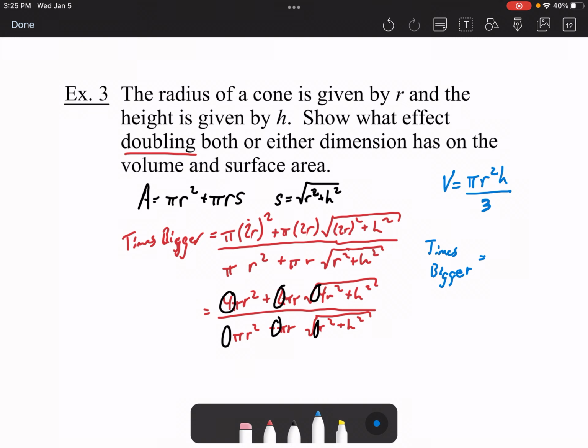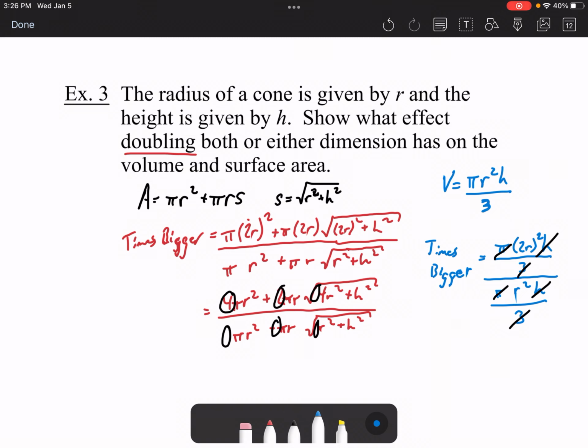Okay, so if you double just the radius, let's say, you'll notice the pi's are the same, the h's are the same, the 3's are even the same.